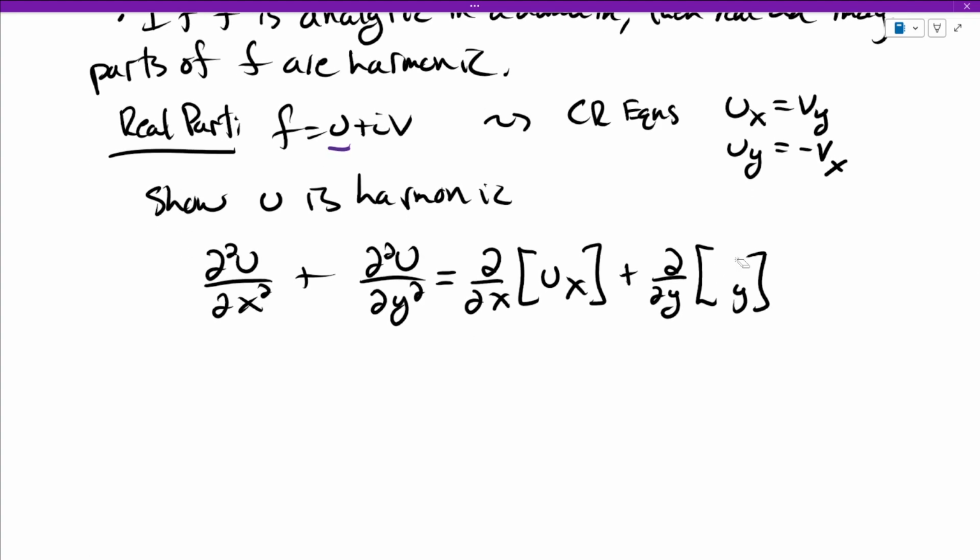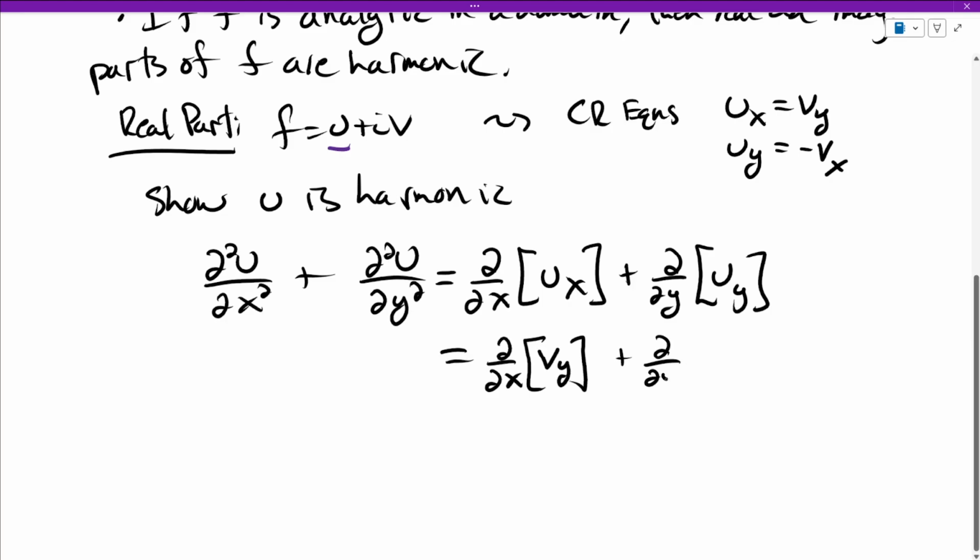Uy, sorry, uy. Ux is, by the Cauchy-Riemann equations, vy, and uy is, by the Cauchy-Riemann equations, negative vx.